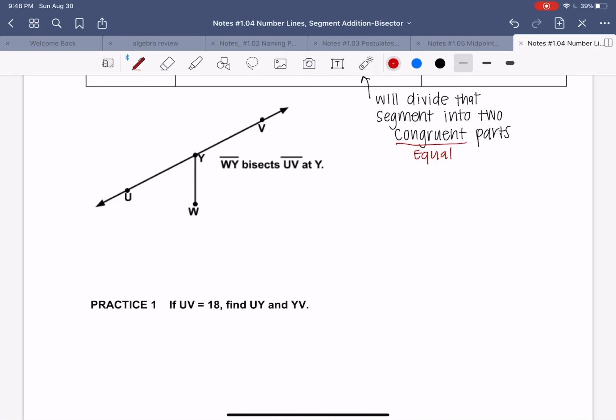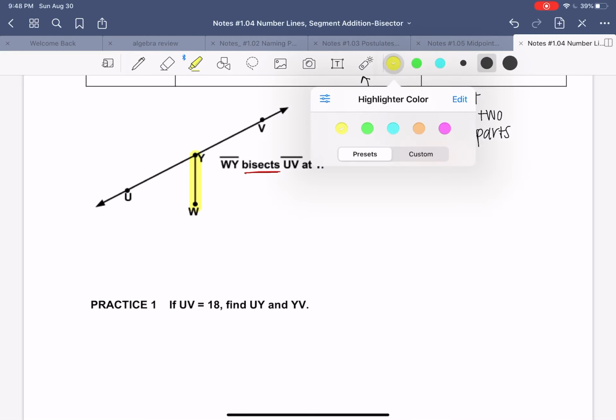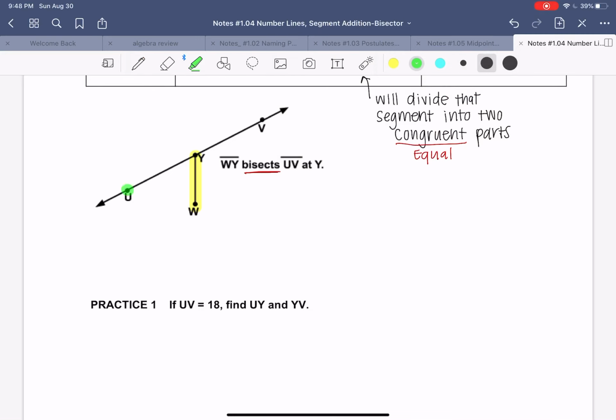Okay, so here's the picture that we're using. It says WY bisects UV at Y. So when it says bisects, that means it cuts it in half. So when it cuts it in half, this segment right here is equal to this segment.